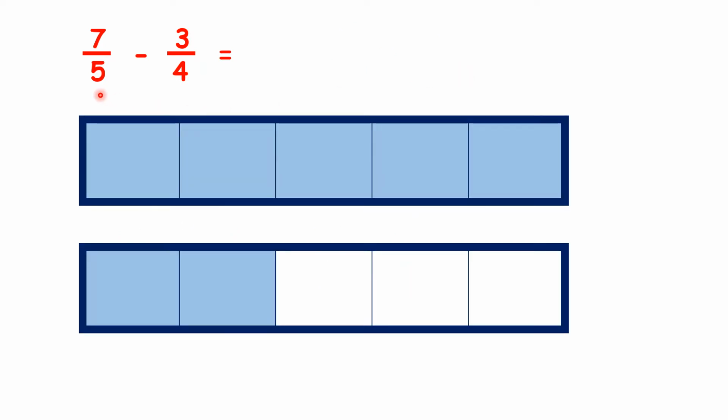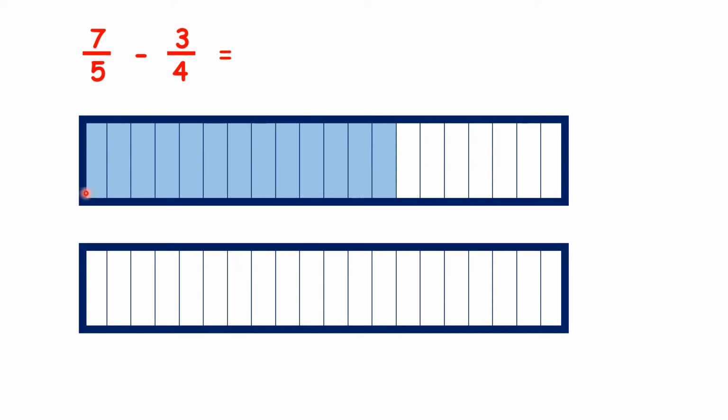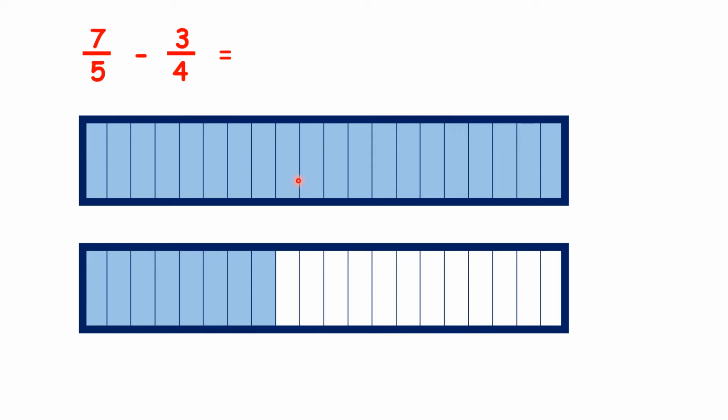Again, let's see what we did here. So we started with 7/5. We subtracted 3/4, and that left us with 13/20. Or, to be more precise, we changed our 7/5 into 28/20.